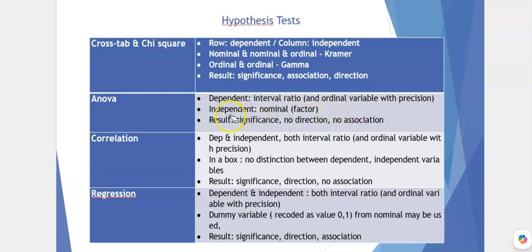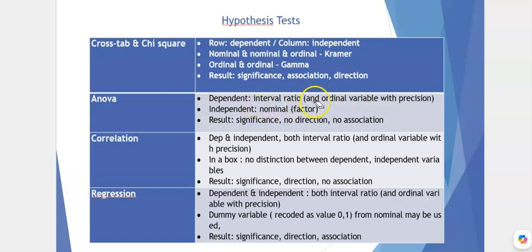For instance, the independent variable can be marital status: married, single, and not married but living together. So how are these three groups different in their means about their happiness? The dependent variable should be interval ratio, that is a continuous variable.